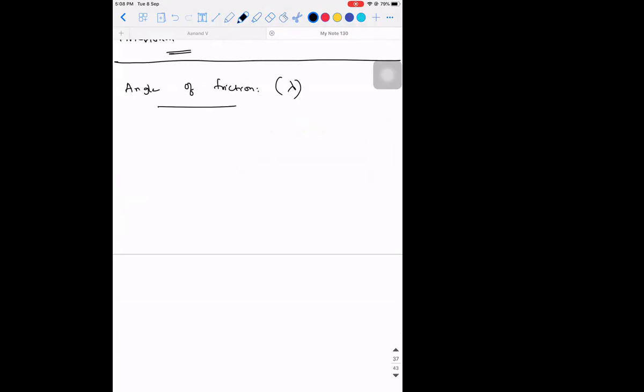Angle of friction means, write it down, it is the angle between the normal force and the resultant of frictional force and normal force.